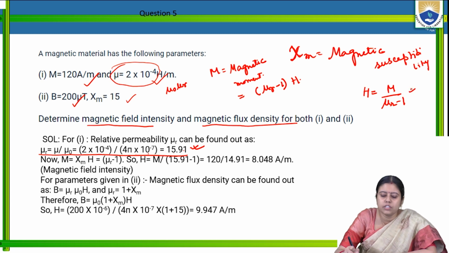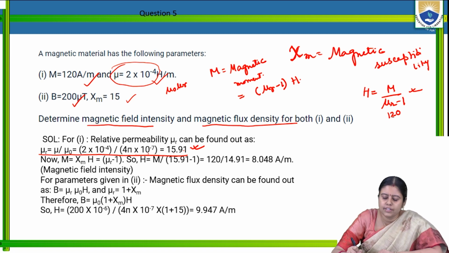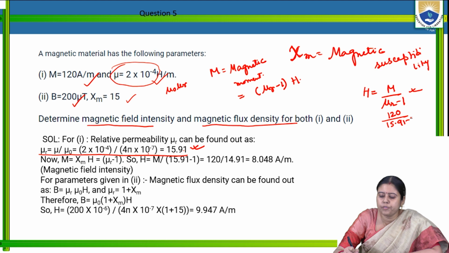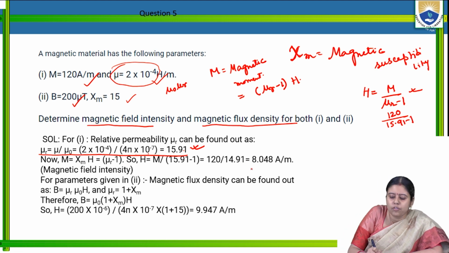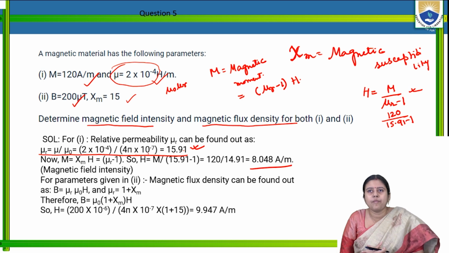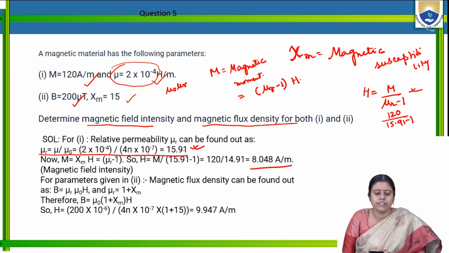So H is equal to 120 divided by 15.91 minus 1, which is almost 15, so the value will come as 8.048 ampere per meter in the first case.